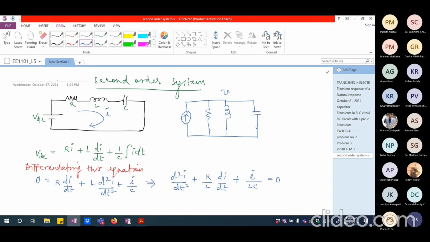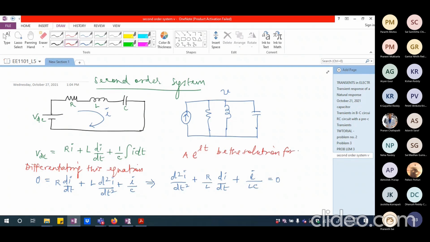This has d square I by dt square, di by dt and I, everything in the same equation. The only function which has a similar form for its second derivative, first derivative and the original function itself is generally e power st. So I'm going to write a e power st as the solution for this equation.